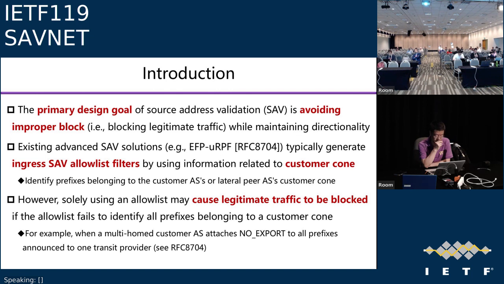For example, RFC 8704 proposes a scenario, and in that scenario, some existing UIPF-based solutions may have improper block, such as strict UIPF, feasible UIPF, and EFP-UIPF algorithm A.